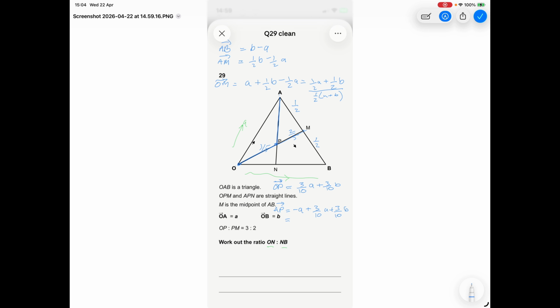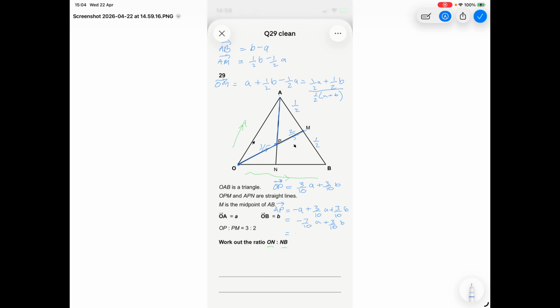So that means that A to P is minus 7/10 a plus 3/10 b, which means that A to N is going to be some aspect of that.